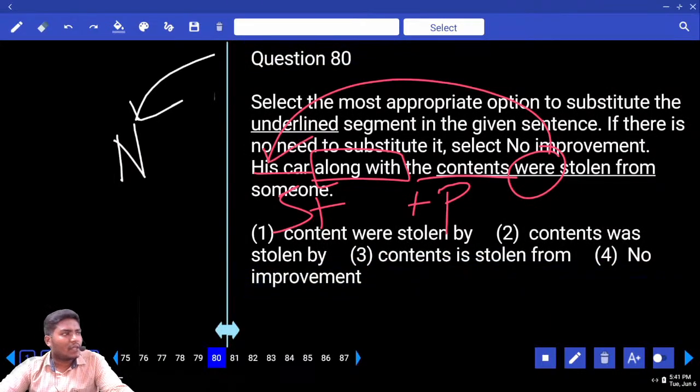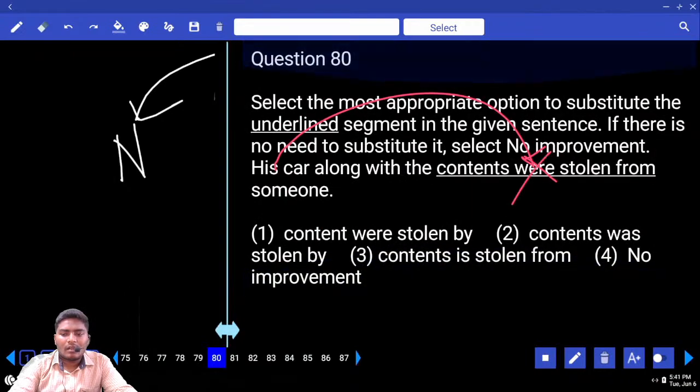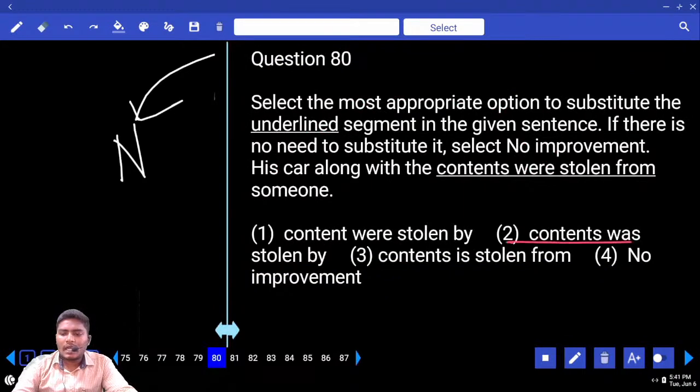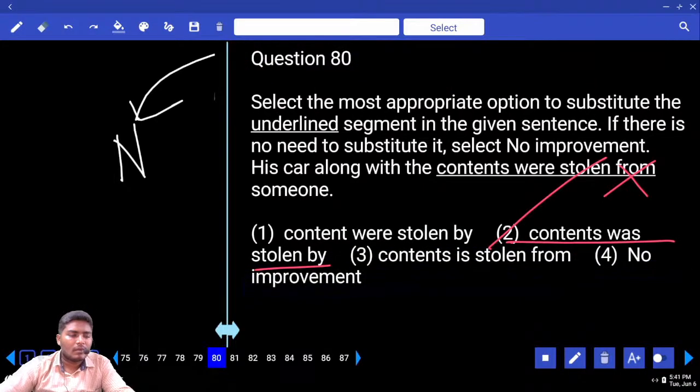If the first noun is singular, verb must be singular. If the first noun is plural, verb must be plural. Now tell me your answer. His car was stolen from someone. So it can be used with contents was stolen by someone. Passive voice. How many of you got this?